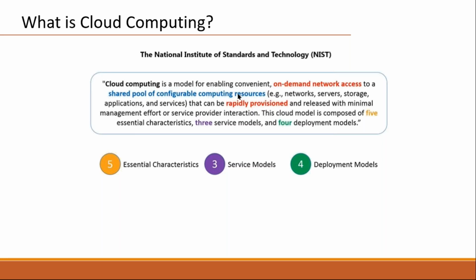That is a shared pool of configurable computing resources, which we can access on demand, through the network, from anywhere. Servers, storage, applications, everything can be rapidly provisioned and released with minimal management effort.